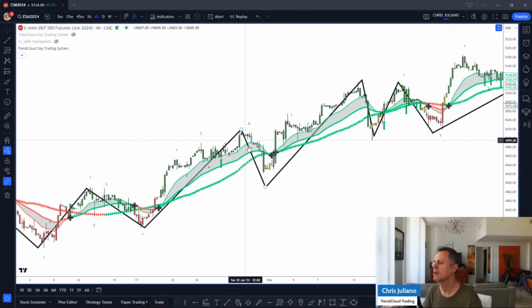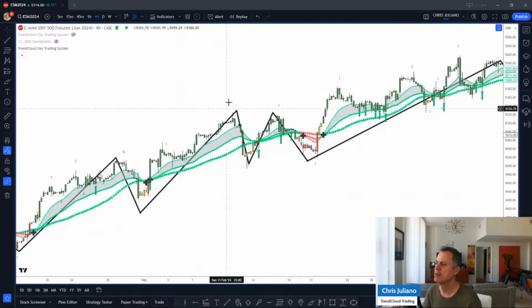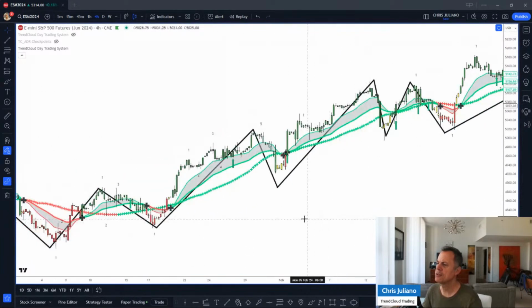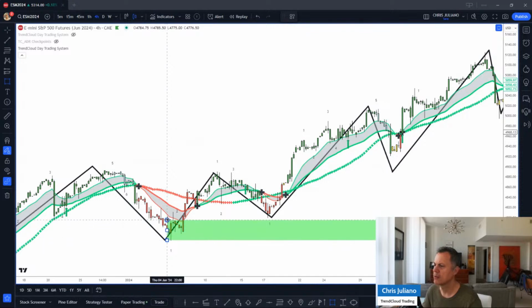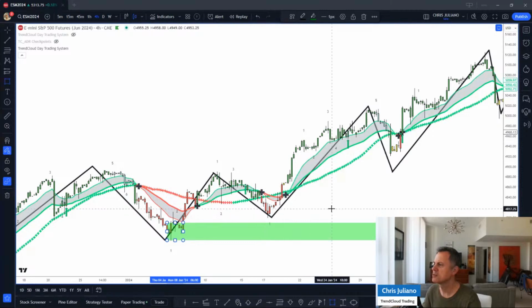Where's it pulling back into on this 4 hour chart? Now, go like this, right? Doesn't quite pull all the way back to that demand zone, does it? But it comes pretty close.